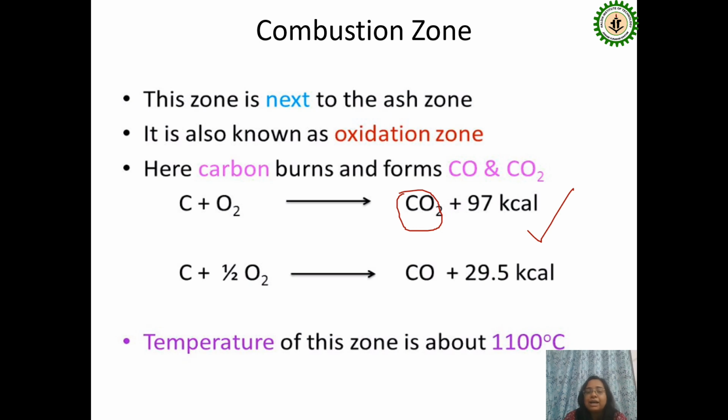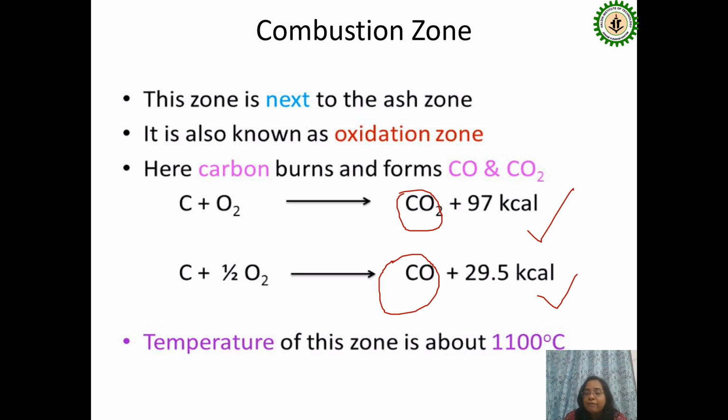Similarly, when the carbon reacts with half oxygen, that is in the presence of limited oxygen, carbon monoxide formation will take place, and this reaction is also an exothermic reaction, and as a result we will derive some amount of heat, around 29.5 kilocalorie.